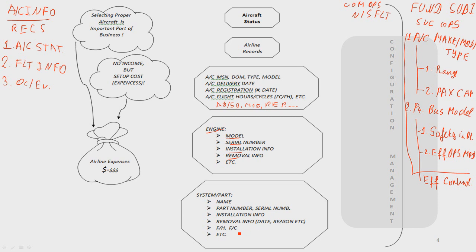Let's say landing gear, we use flight cycles. We need to know how many flight cycles we have on this landing gear. All this information we need to know when we are buying or taking an aircraft, old or new, it doesn't matter.